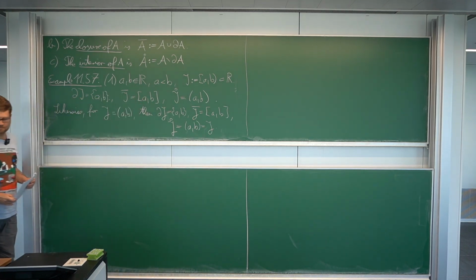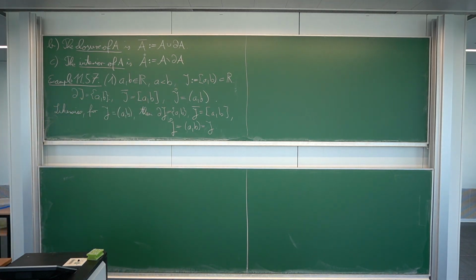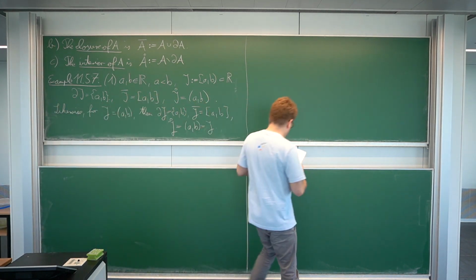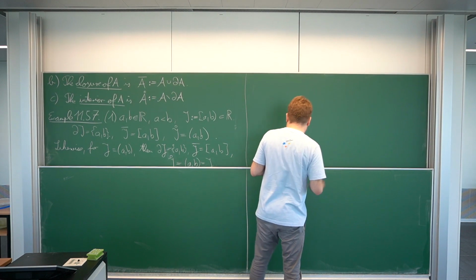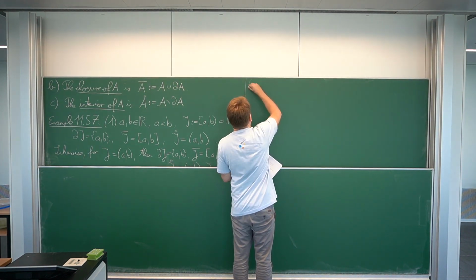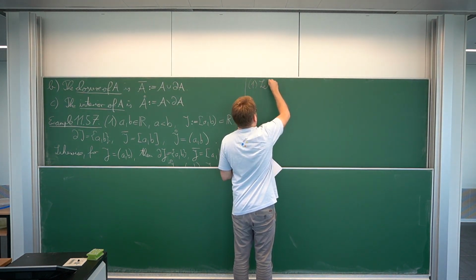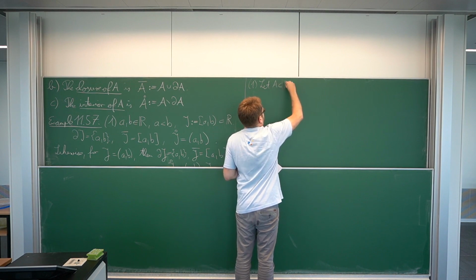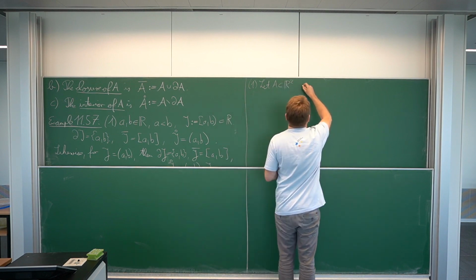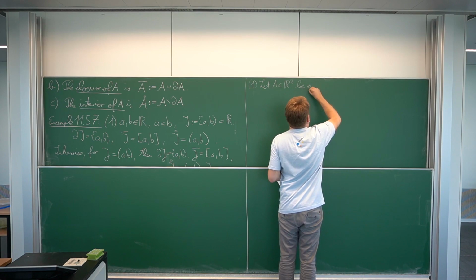Okay, let's increase the dimension and take a two-dimensional example, which is maybe also a bit more enlightening. So we consider a subset of R^2 given as follows.